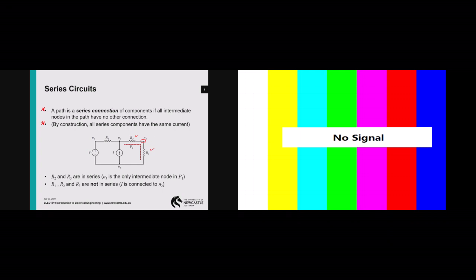It is, because there are no open connections at the intermediate node, which is N3. Okay? However, if you look at R1 and R2, are they in series? No, because node 2 here has an extra connection, which connects to the current source. Okay, clear?